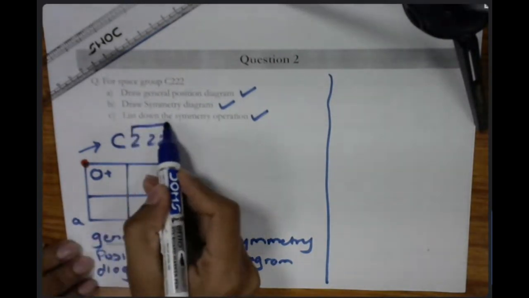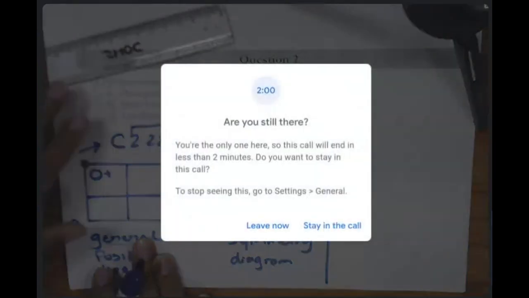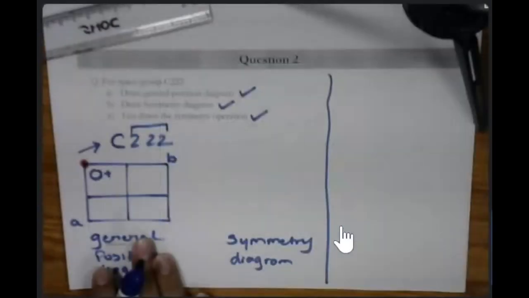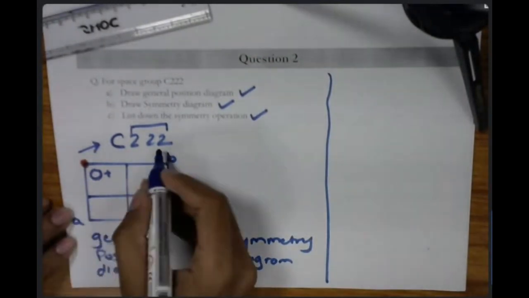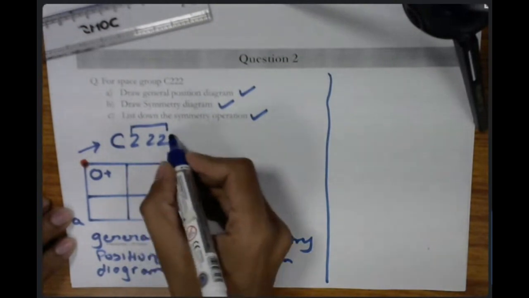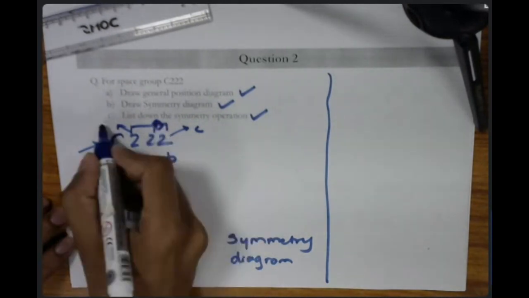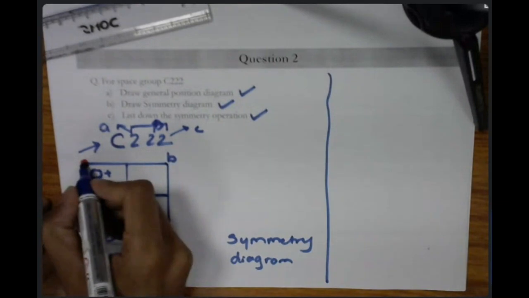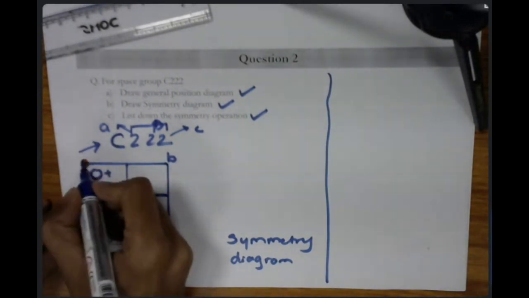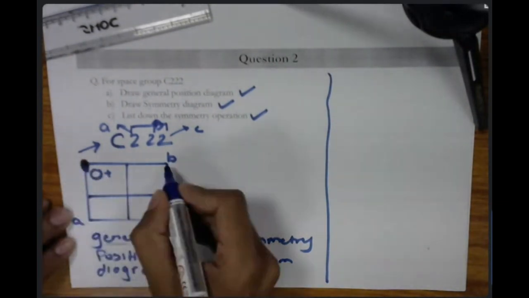So what does 2 2 2 mean? This point group we already know: there's a twofold about the C, a twofold about the A, and a twofold about the B. So if I follow, there is a twofold about the C, so we can add this twofold over here.